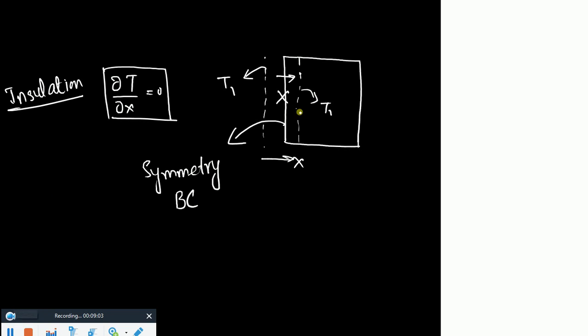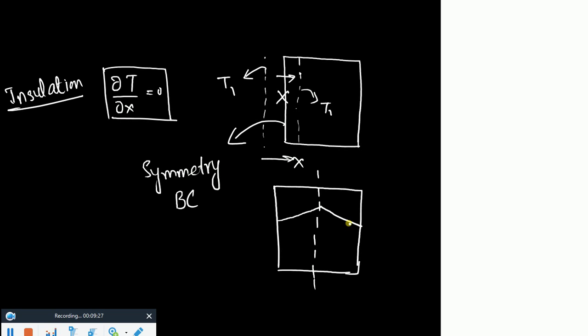Let's say I have this wall, and I say that right in the middle I have a symmetry boundary. And for example, you have this temperature profile on one side. What would be the temperature profile on the other side?